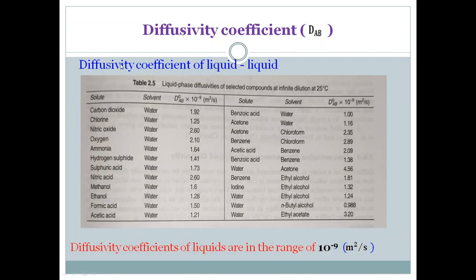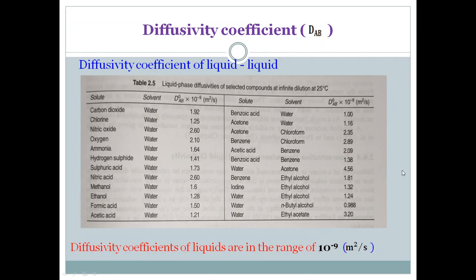Now if you see the diffusivity coefficient of liquids, where the solute is carbon dioxide and the solvent is water, it is 1.9 times 10 to the power minus 9. Then oxygen in water, water in acetone, and so on. People have done experiments and seen these diffusivity coefficients of different systems.